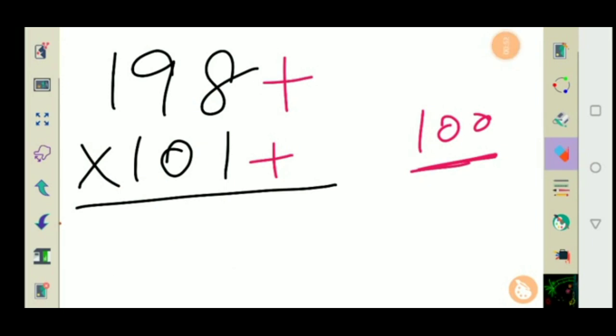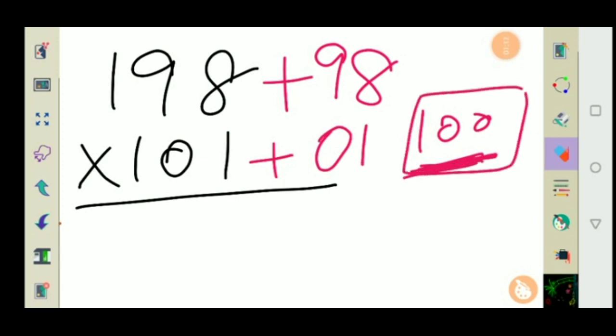Now let's take another example. Suppose you are to multiply 198 with 101. Both the numbers are above their bases. 198 is 98 above the base 100. 101 is 1 above the base 100. And what was the formula? Multiply 98 with 1. You will be getting 98. Right?